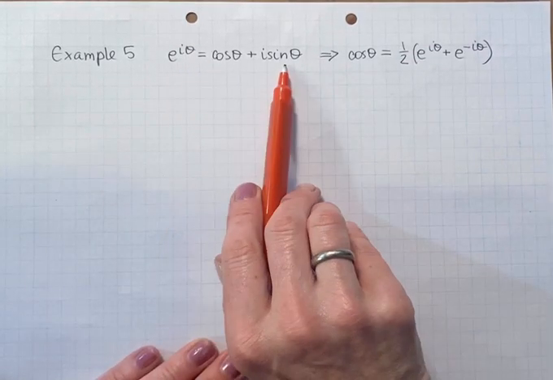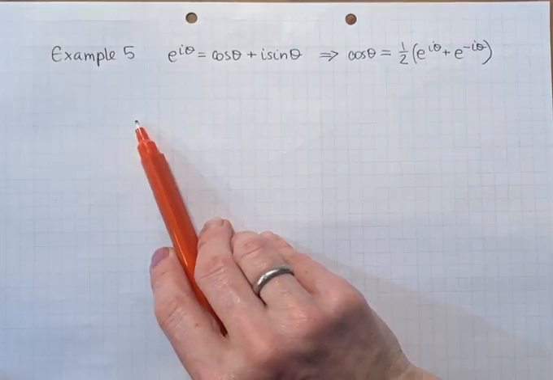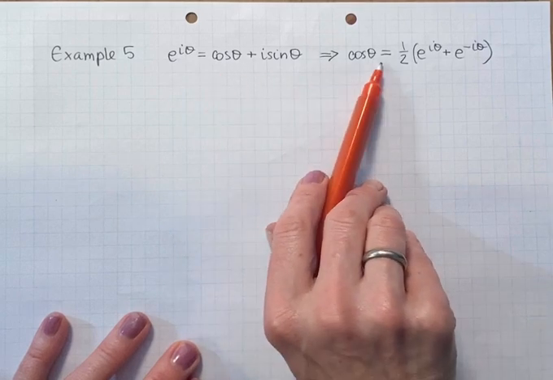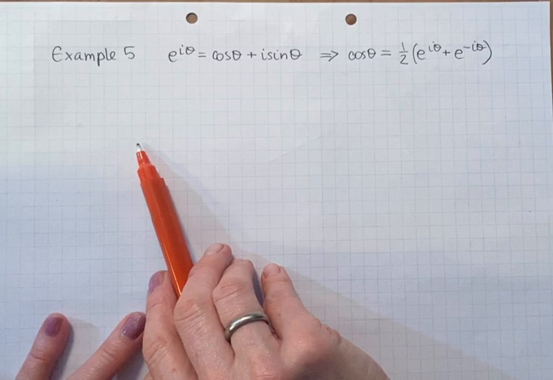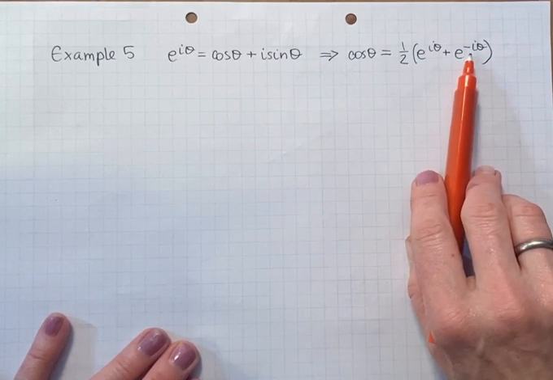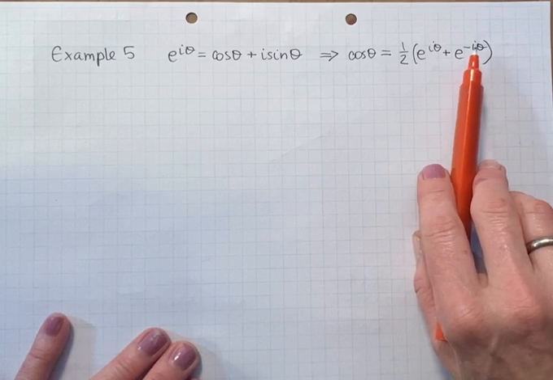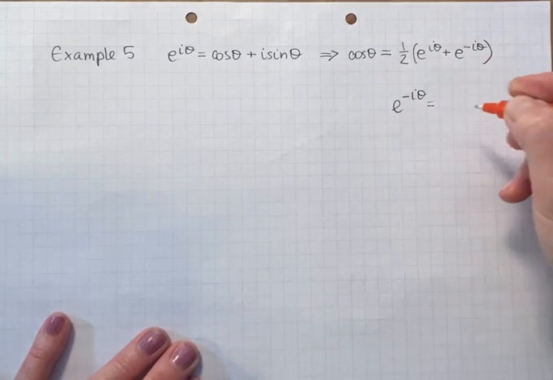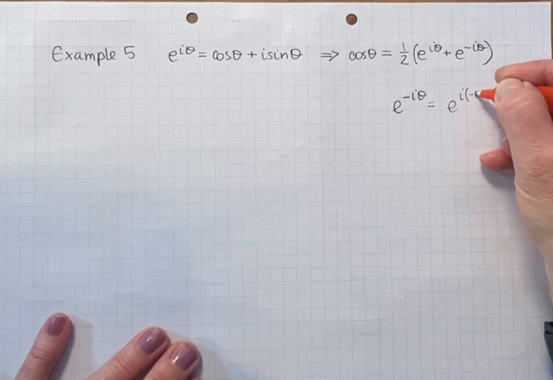So this is obviously our Euler's relation. The trick of doing this is simply using the idea of solving simultaneous equations. If you notice over here, we have got e to the power of minus i theta. e to the power of minus i theta is simply e to the power of i times minus theta.